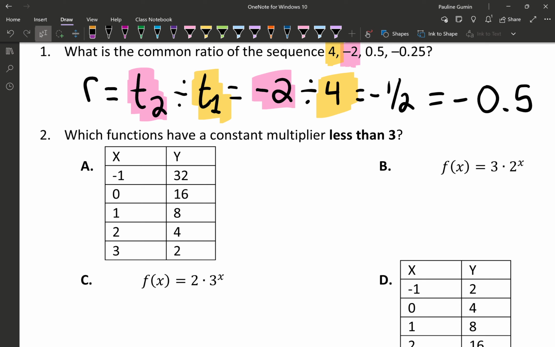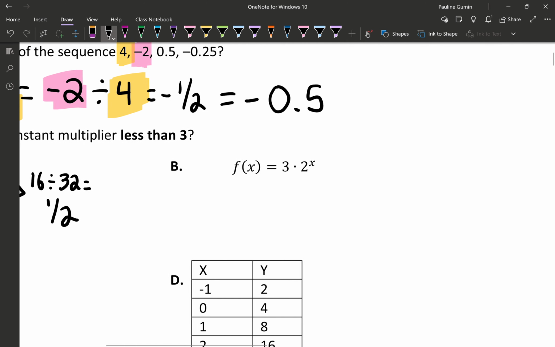Number 2. Which functions have a constant multiplier less than 3? That means, where is our pattern less than 3? All right, well, let's see. Just like in number 1, we're going to divide our second term by our first term. So in letter A, 16 divided by 32 is 1/2. 1/2 is less than 3, so letter A is our option.